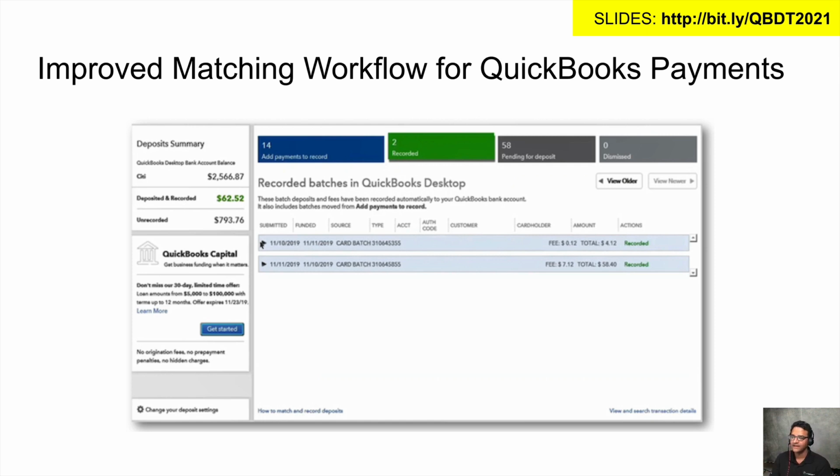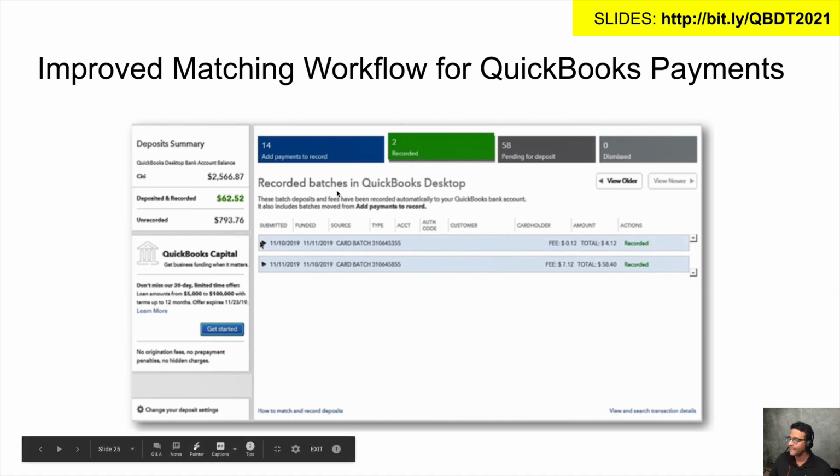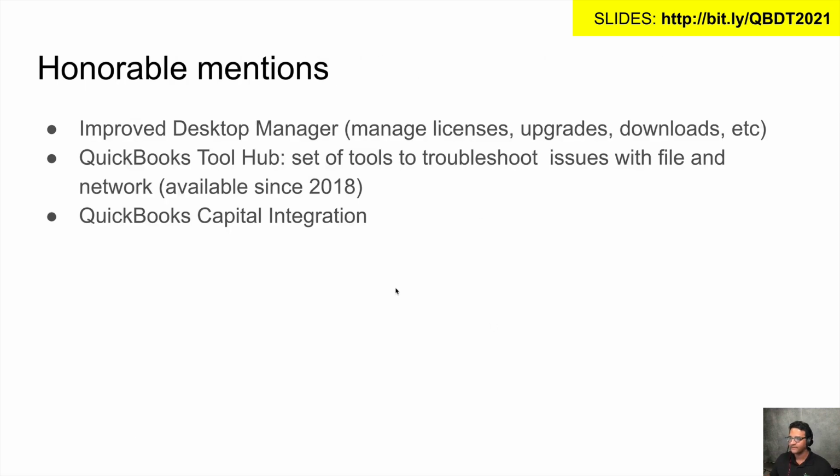It's more intuitive and it's less prone for people to create duplicates, because this has always been the issue where people duplicate the payments that are coming from QuickBooks payments and also putting them in QuickBooks. So this feature is going to reduce the confusion on matching QuickBooks payments in QuickBooks Desktop.